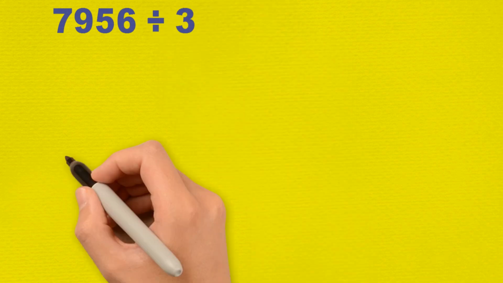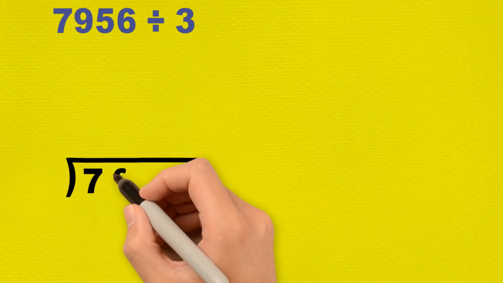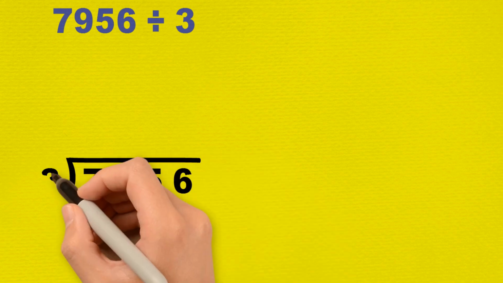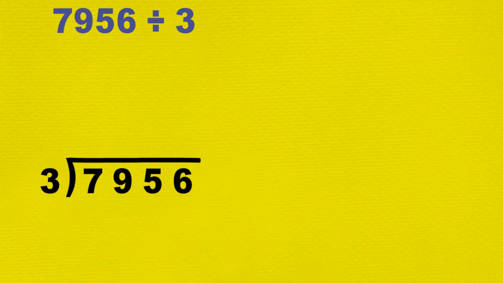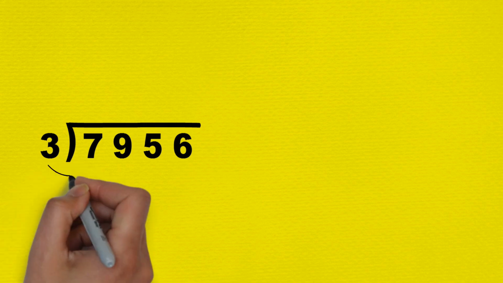You start by writing the division like this, leaving a little space between the digits. Then you divide the 3 into each of the digits of the big number, going from left to right. So the first digit we will be dividing the 3 into is the 7, and so on.